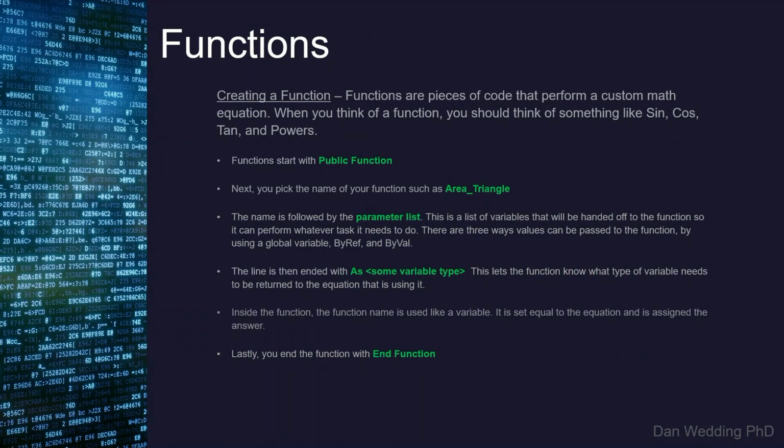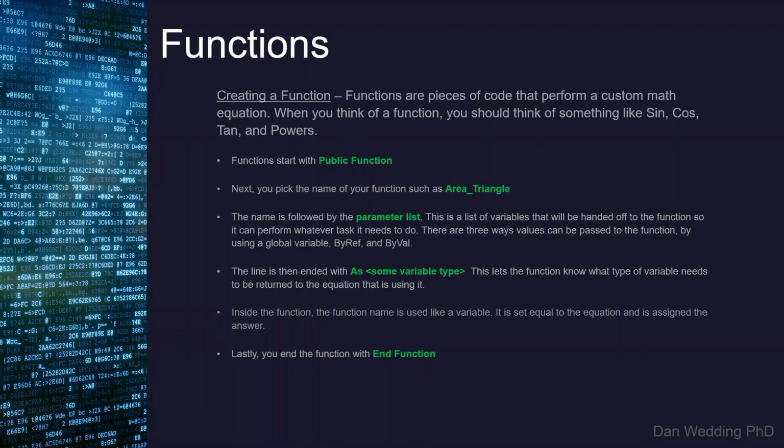Functions are pieces of code that perform a custom math equation. When you think of a function, you should think of something like sine, cosine, tangent, and powers. Functions start with public function. Next, you pick the name of your function, such as area triangle. The name is followed by the parameter list.